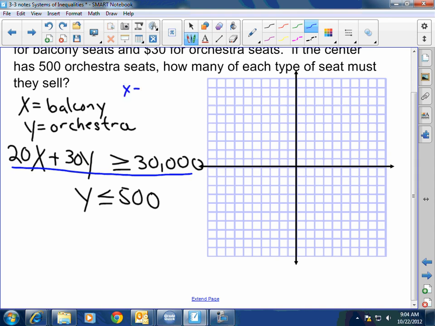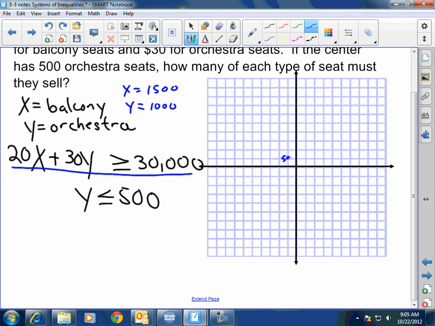So the x-intercept is going to be 1,500. What's the y-intercept going to be, gentlemen, when x is 0? 1,000. Thank you. Okay, so now these are pretty big numbers. What intervals do you think would be wise to go by? 500. Yeah, why not?